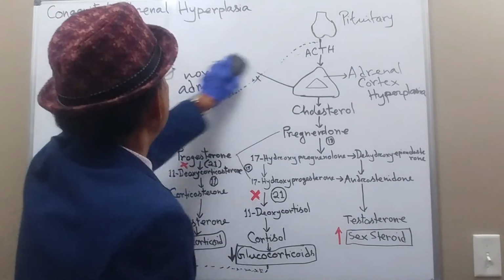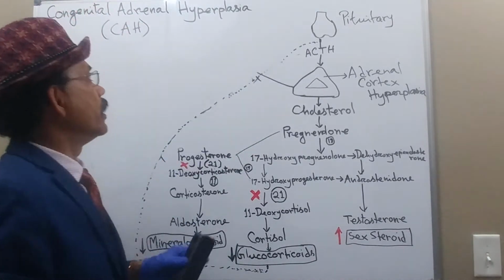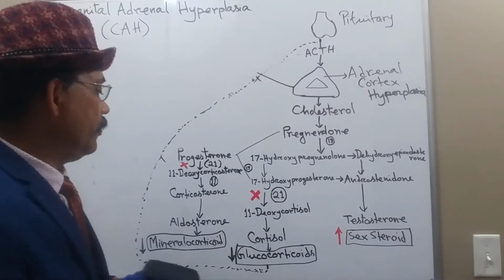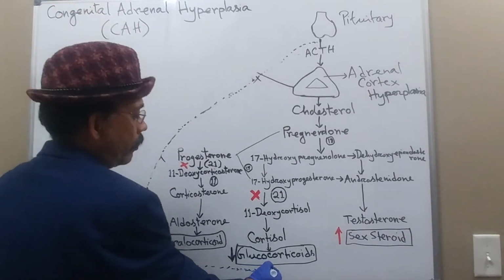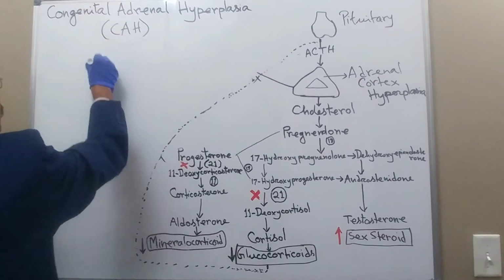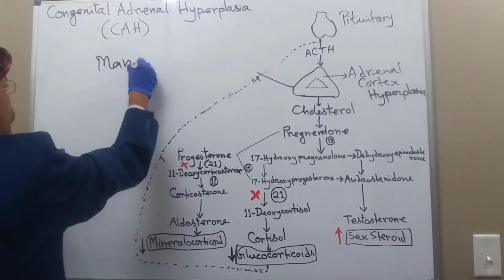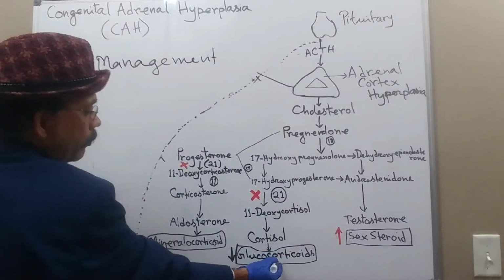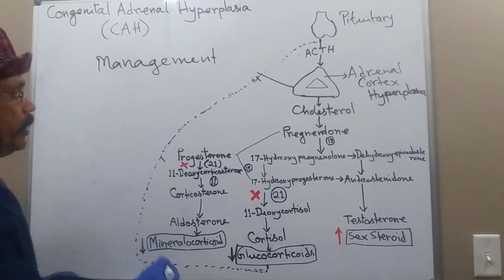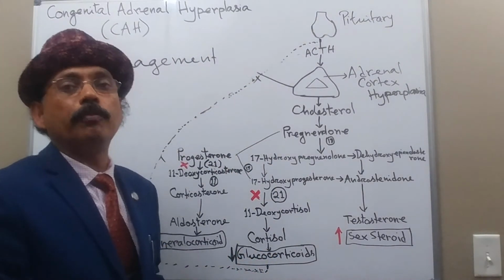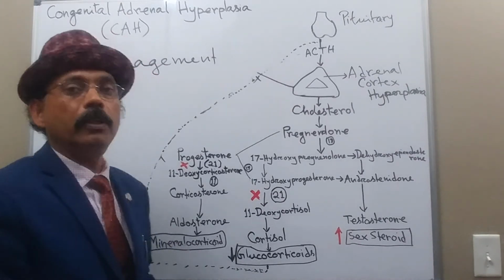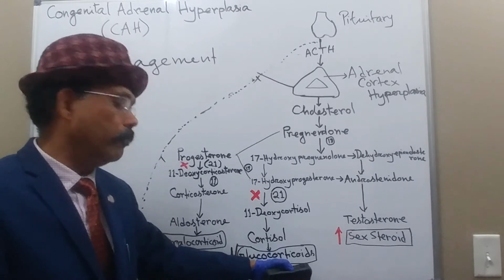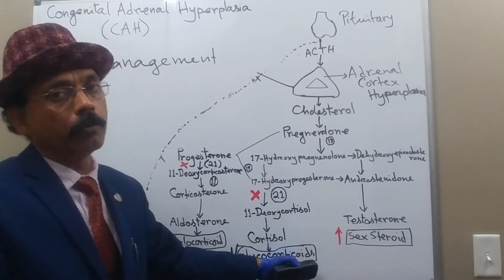Now, how to manage a patient with congenital adrenal hyperplasia? It can be managed by replacement, with steroid management. Because of lack of glucocorticoid and lack of mineralocorticoid, we replace glucocorticoid and mineralocorticoid. If it is only a problem of glucocorticoid, then only glucocorticoid.